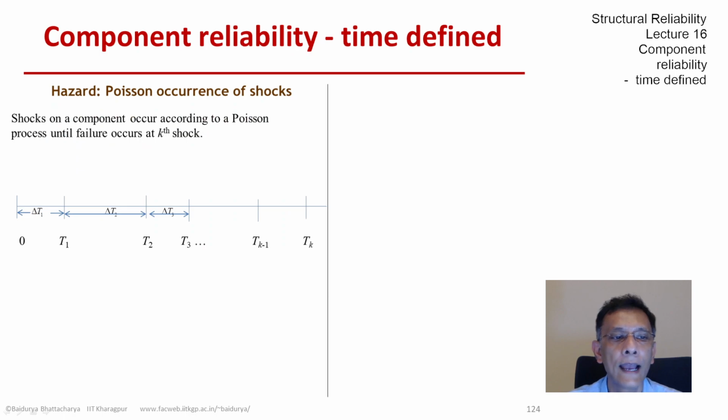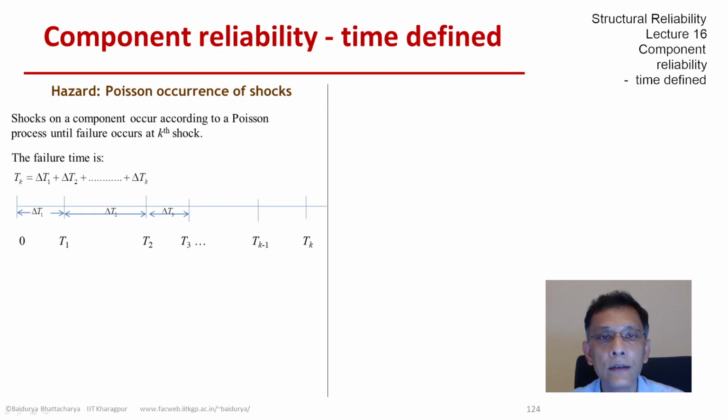So shocks occur according to a Poisson process until failure occurs at shock number k, and that is the pictorial representation, delta t1, delta t2 and so on. So all the delta t's are independent and identical exponentials, and once k of them occur, we have failure.